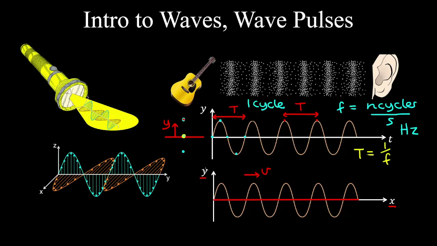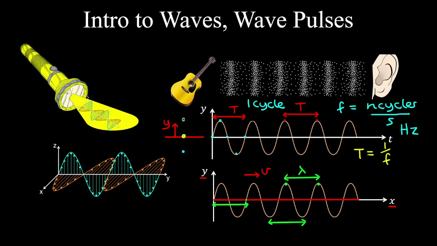And in this case, the distance between two particles that are displaced by the same amount is called the wavelength. So that can be the distance between the peaks or the crests. Distance between the troughs is also the wavelength. Or this distance over here is also the wavelength. So basically it's the length of the wave, which is periodic, so it repeats along the string.